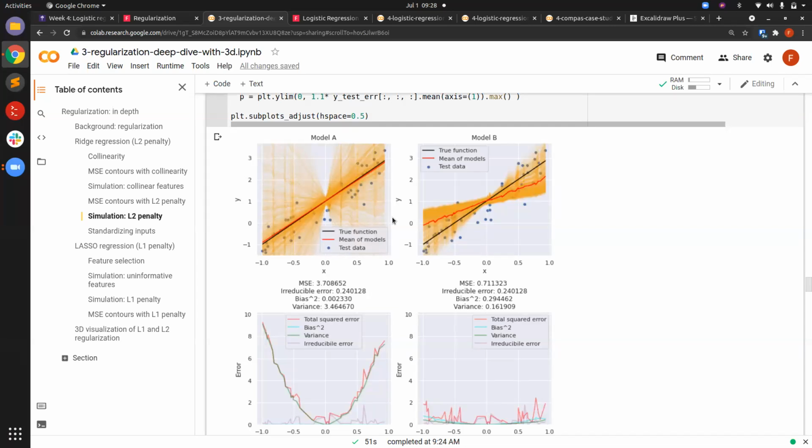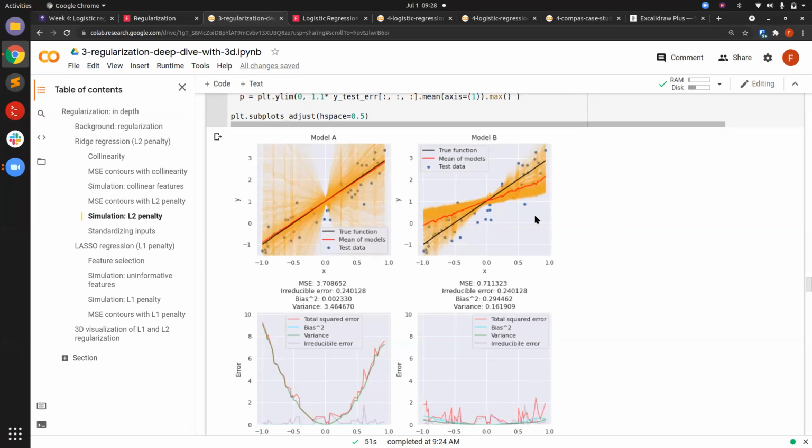Okay. So we can see here that the L2 penalty term adds bias because it pulls the coefficient estimates towards 0 and away from the, let's say, optimal value according to mean squared error alone. But it also reduces variance. And depending on whether your model has high bias or high variance, that might be a worthwhile trade-off.